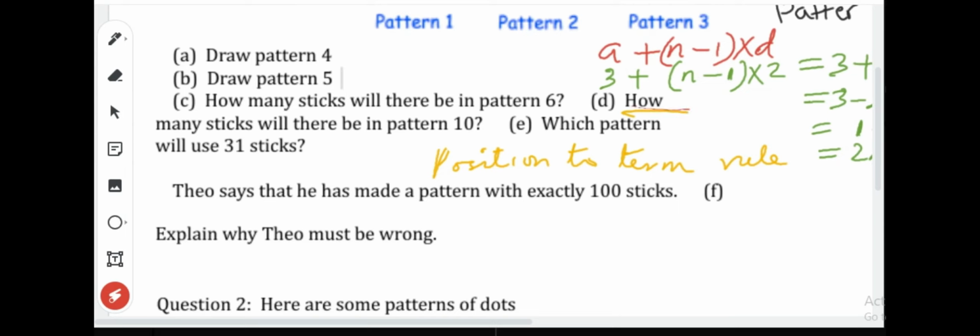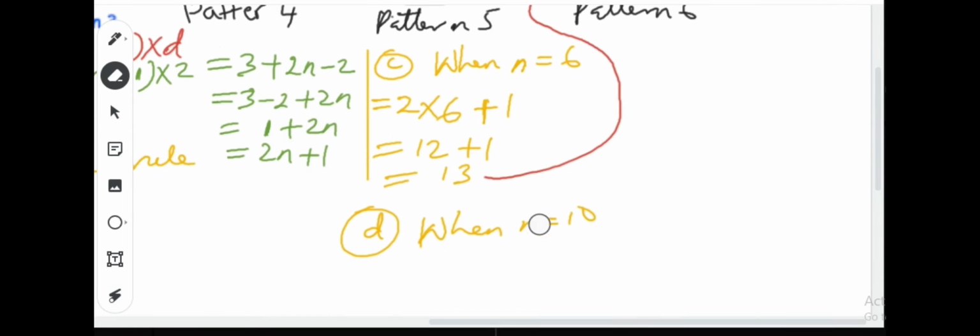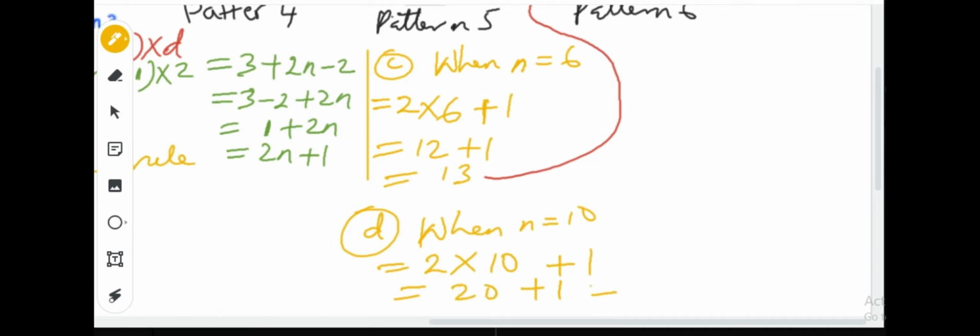This is the rule, 2n plus 1, which will now give us 2 times 10, then plus 1. That gives us 20 plus 1, which gives us 21. So there will be 21 sticks.